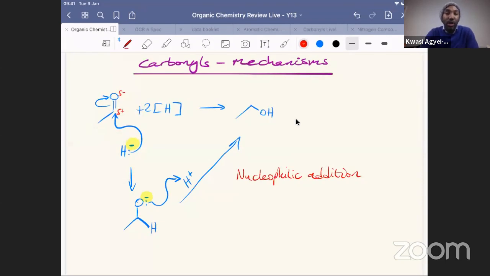With the carbonyls, as far as the OCR course is concerned, you aren't required to know much more than the nucleophilic addition mechanism.